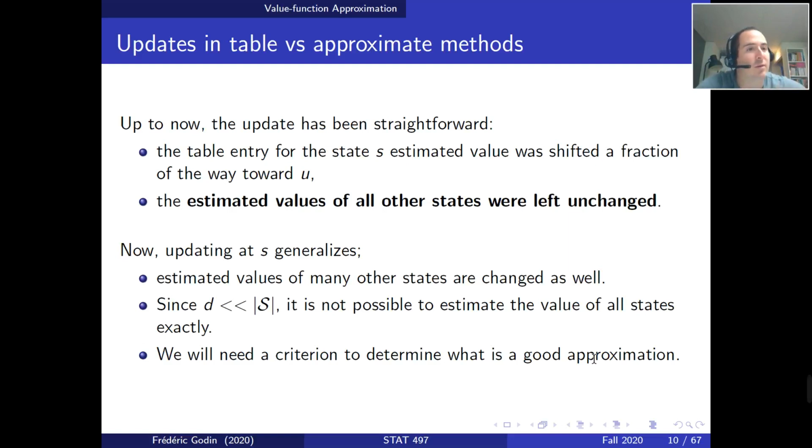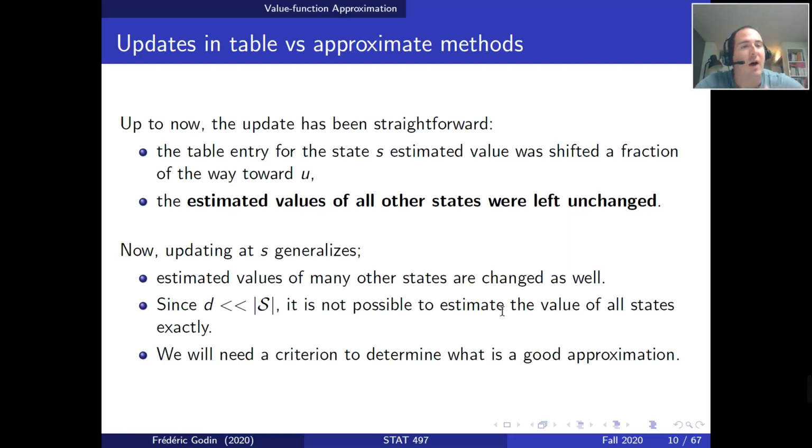However, when we change the parameters, we not only update the value of the state S_t, but changing the parameters will also update the value of many other states. It's not possible to estimate the value of all states exactly, because there are not enough parameters to represent each state separately. So every time we update parameters, we update the value of many states at the same time.